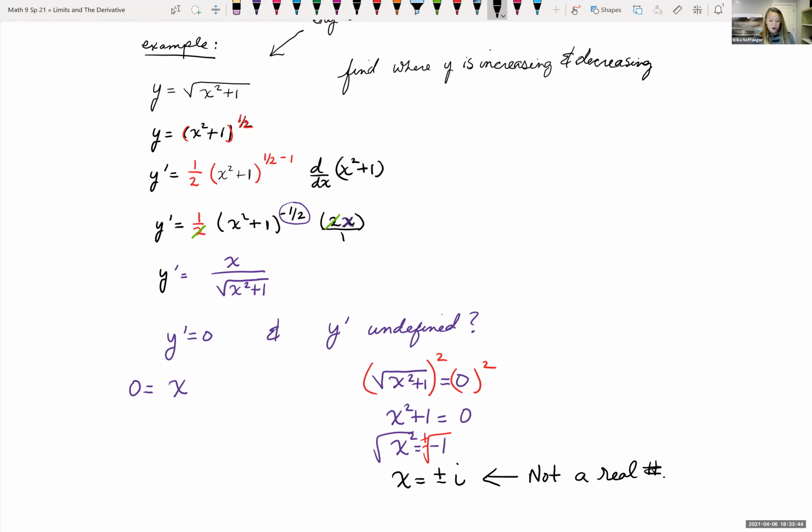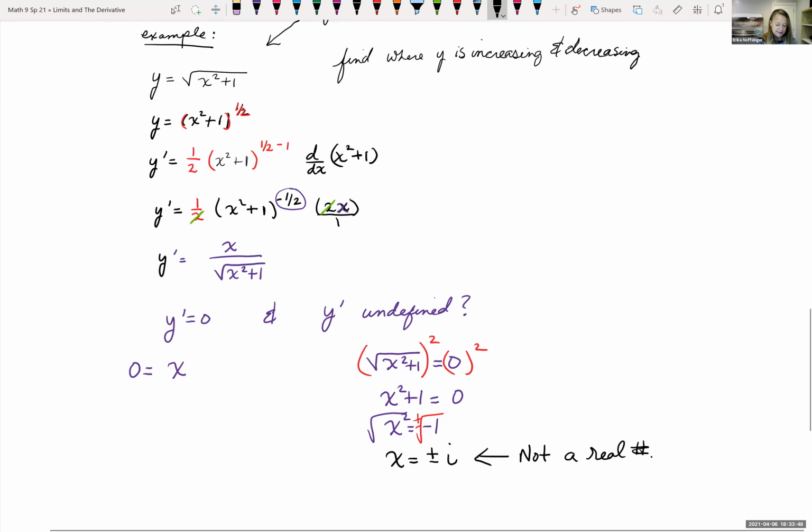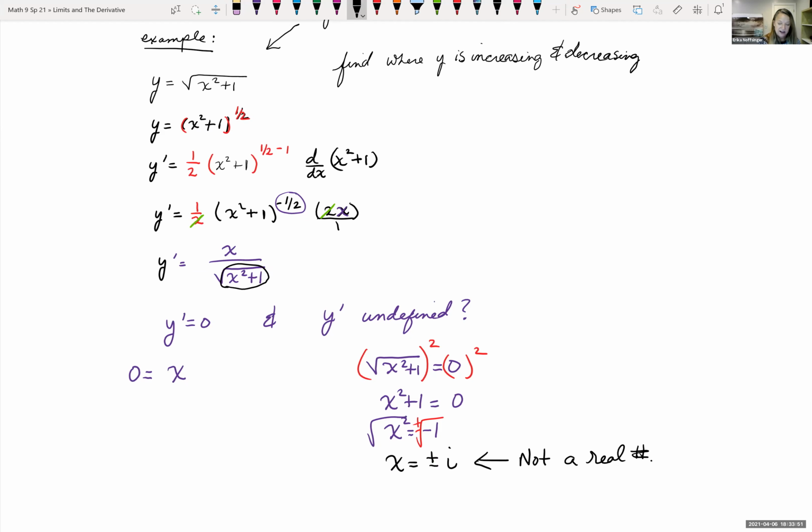Now we have to worry about where this is undefined, where the value under the radical is less than 0. We can't take a square root of a negative number, but we don't have to worry about it here. Technically, we would look at when is x squared plus 1 less than 0. In this case, there's no value which is ever going to give us anything less than 0.